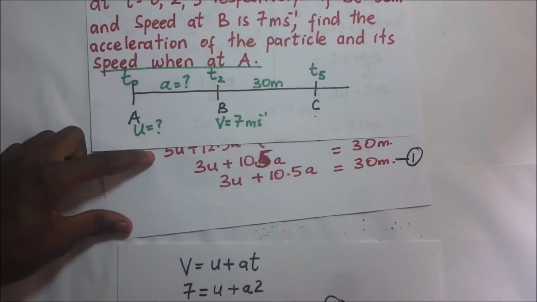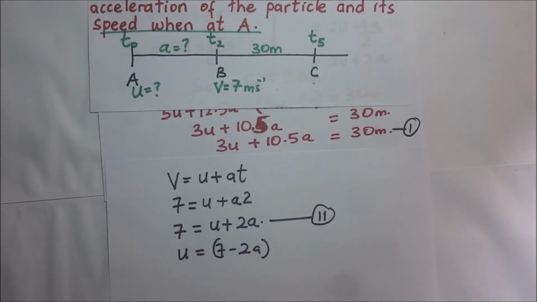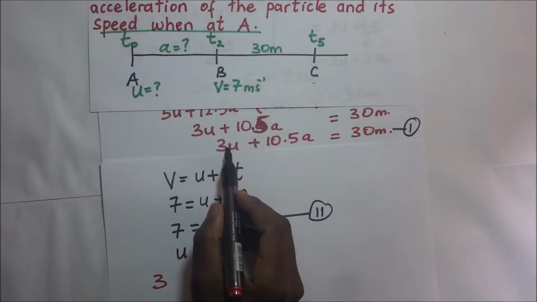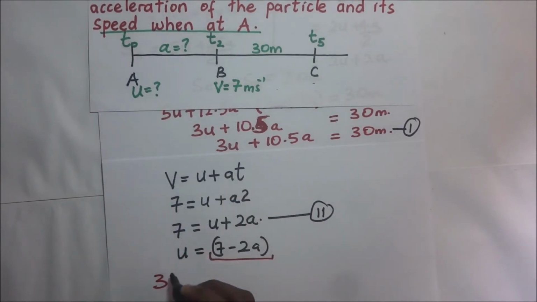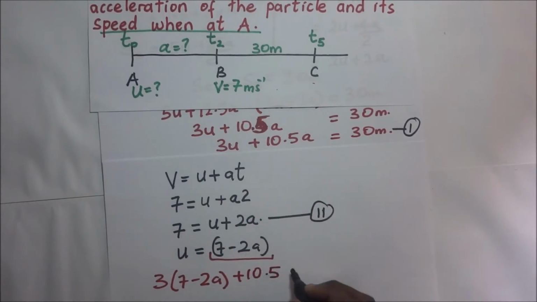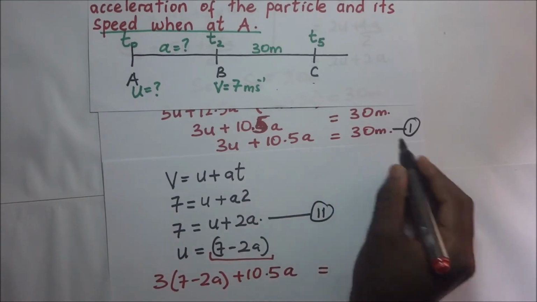So right here, if we are to put it in there, it will become 3 times u. Now the value of u is this one here, so 3 times u, which is 7 minus 2a, plus 10.5a is going to be equal to 30.